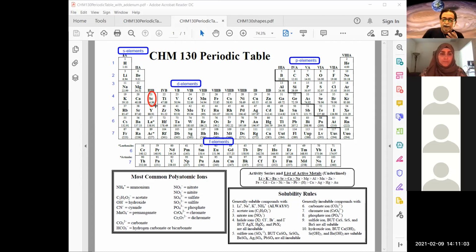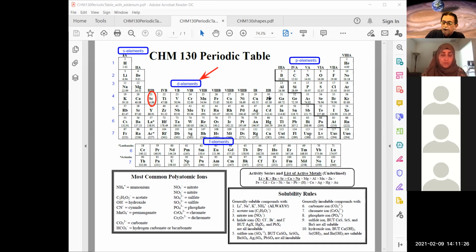Okay. Now what happens is this. Number 21 is in period 4, and it starts introducing the D elements. So I got D1, and if I go across to zinc, I go all the way across to D10.